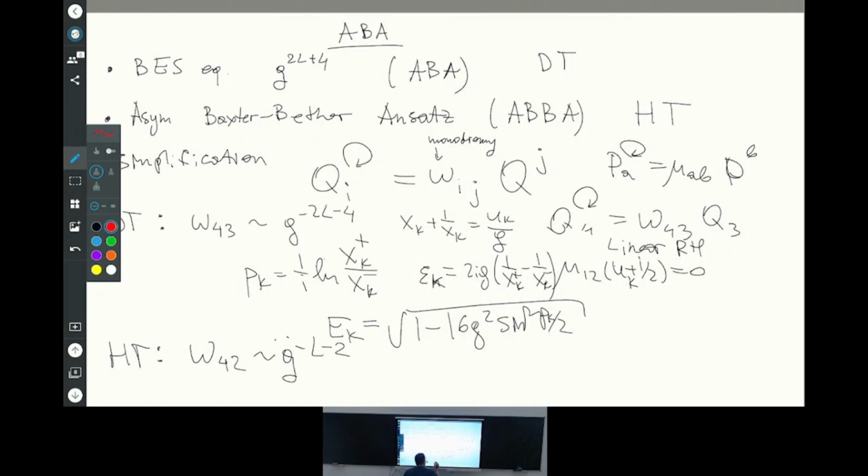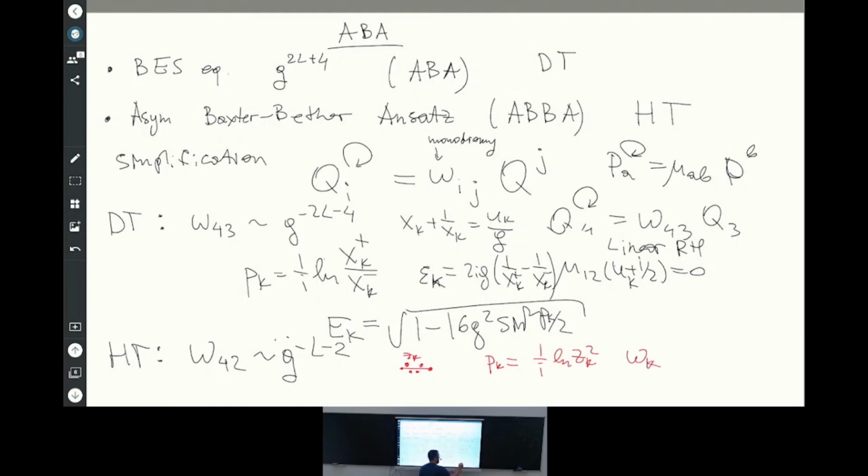So, okay, now it's becoming a bit ruggedy. So you have mu, and you have some magnon sitting on the cut itself. Let's denote it by zk. And then you find momentum is 1 over I log zk squared. And the elementary quantum of this variable omega is ij (zk minus 1 over zk).